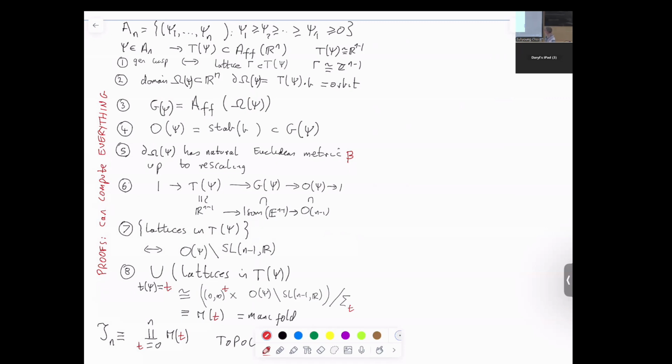But in any case, the beginning of the story is that if you have a point in the Weyl chamber with these parameters psi1 through psi n, then I described a translation group, a subgroup of the affine group that depends on these parameters. And there were various types. There was a diagonal block in the top left corner, and in the bottom right corner, there was a kind of unipotent block.